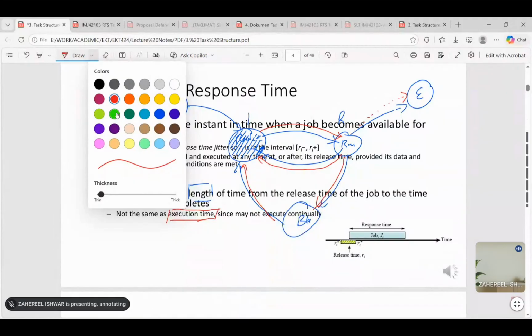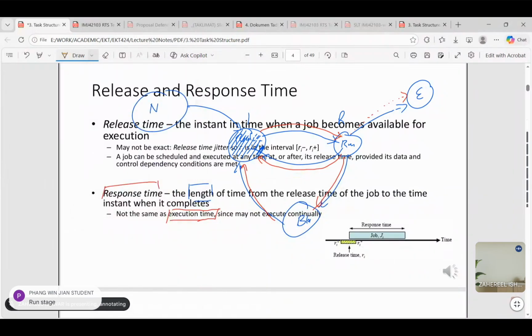Where is execution time? It's here. This is execution time. When it sits on the CPU, using the CPU time to execute.